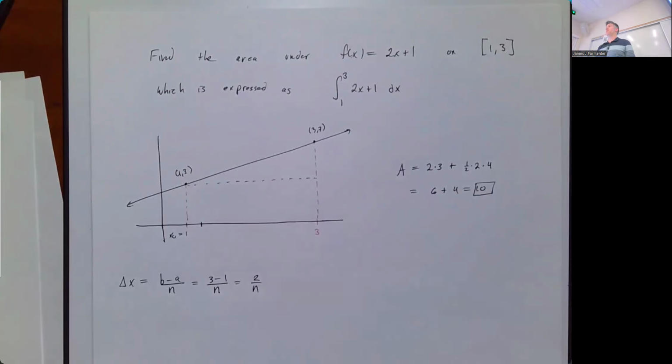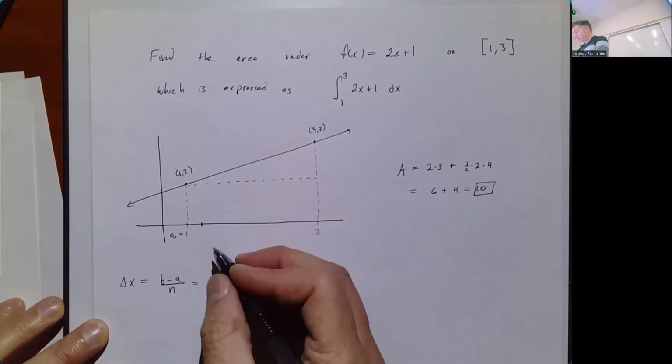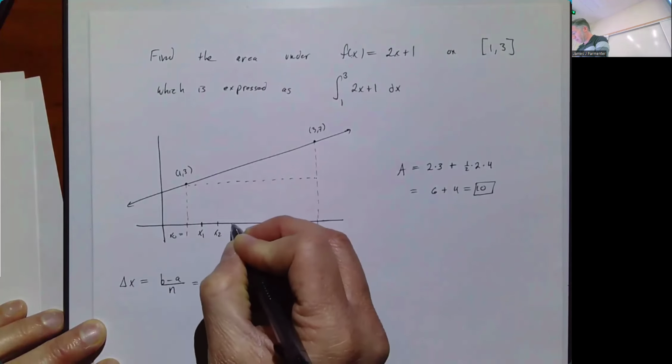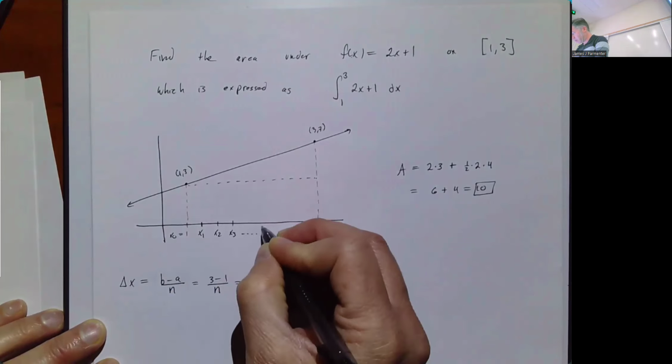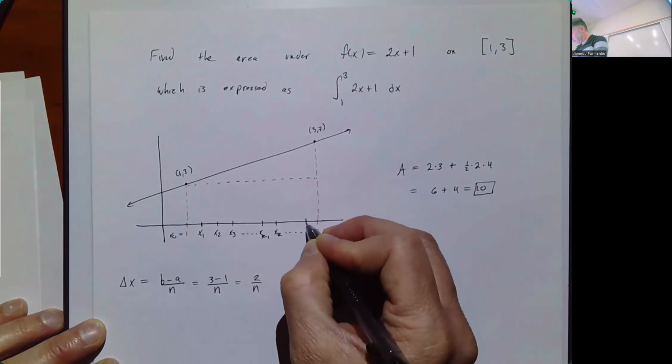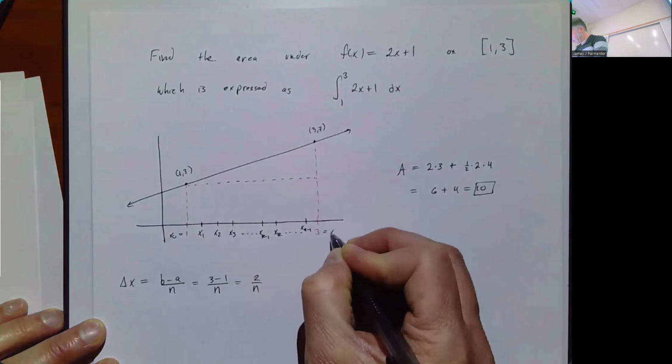It could be 5, it could be 1,000, it could be 1,000,000,000, but we're going to leave it as n because at the end of this, we're going to take the limit as n goes to infinity to get the actual area, not just an approximation. Cool. So then this is x sub 1, x sub 2, x sub 3, all the way to some x sub k minus 1 and x sub k, and then all the way to some x sub n minus 1 and x sub n.